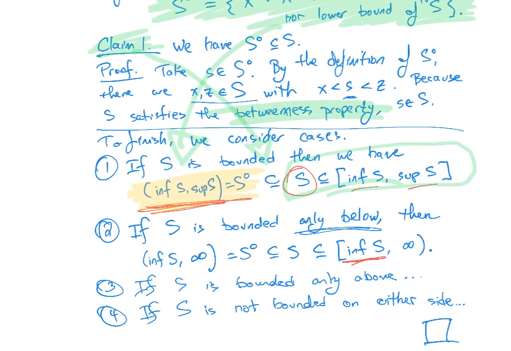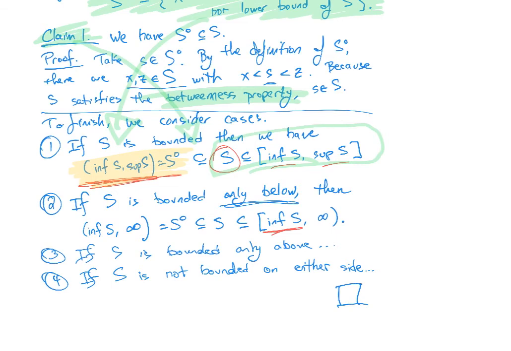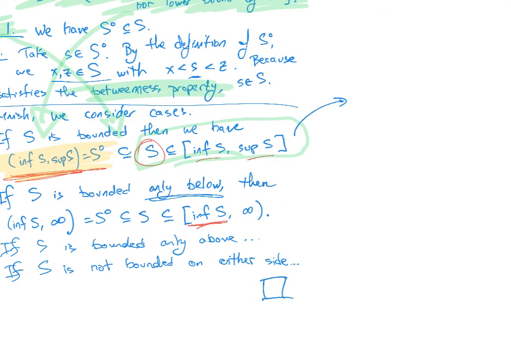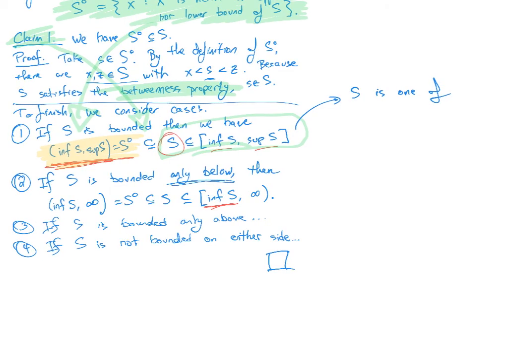Maybe this is a stupid question, but we're trying to show that if S satisfies the betweenness property, then we can write S as an interval. Yes. I didn't write the full argument because I was trying to conserve time. Let me look at case 1. We know that S contains the open interval from the infimum to the supremum, and it's contained in the closed interval.